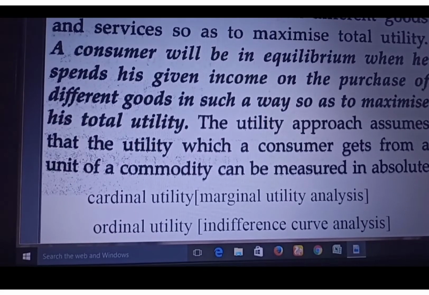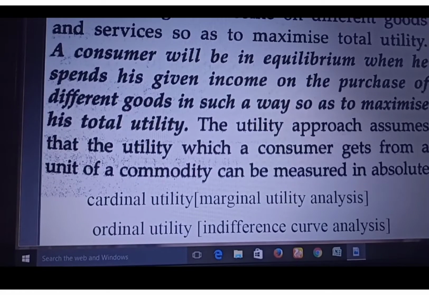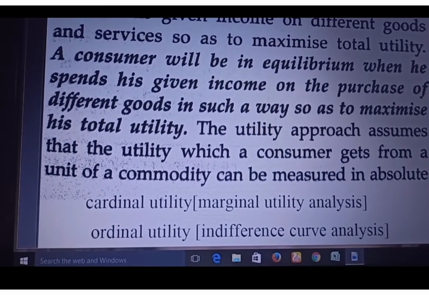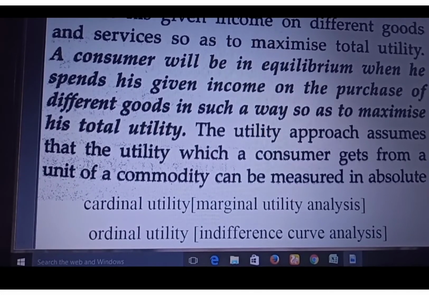In this chapter we are going to discuss two kinds of utility, cardinal utility and ordinal utility. What is meant by cardinal utility?